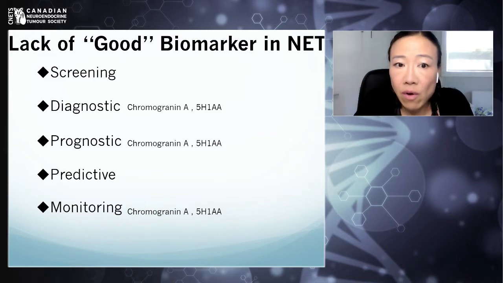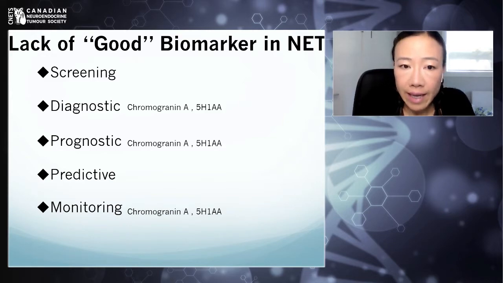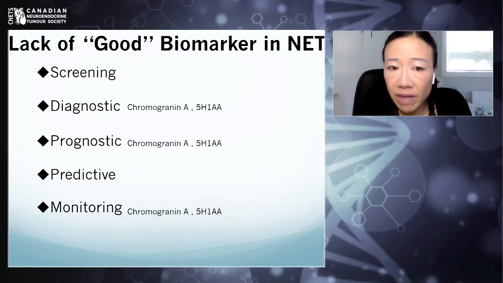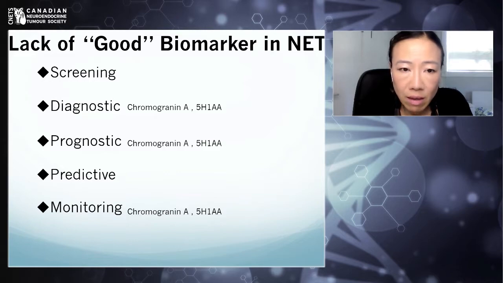A higher level of chromogranin A can indicate a higher tumor burden, therefore indicating a poor prognosis, with a caveat. We know that chromogranin A fluctuates a lot.